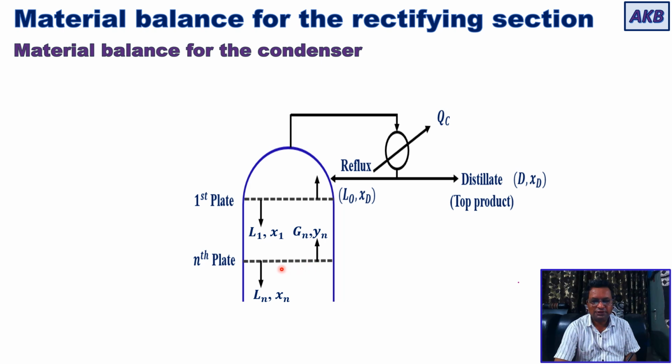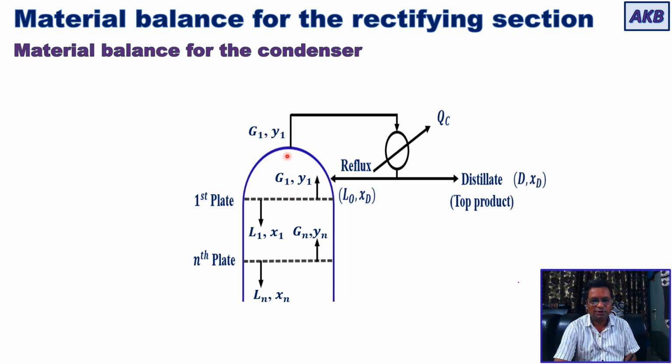Then the vapor phase that is leaving the nth plate will have molar flow rate Gn and the mole fraction of A in it will be Yn. Similarly, for the vapor phase that rises out of tray number 1, the molar flow rate will be G1 and the mole fraction of A in it will be Y1.